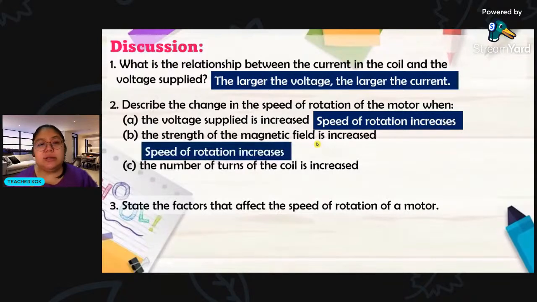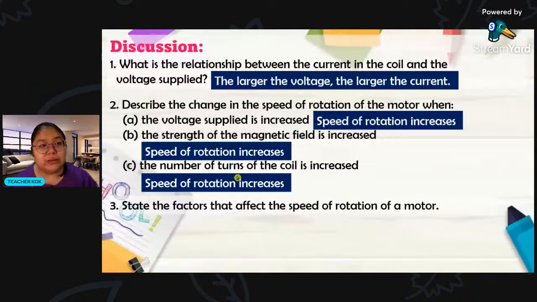Okay, C. C is the number of turns. Just now I showed you the coil. So you make the turns more. You wind the circle, you make more turns. So what happens to the rotation? Your answer is it also increases. Why? Because if the number of turns is more, the current will go through more circles. When it goes through more circles, the interaction between the current in the coil and the permanent magnet also increases.